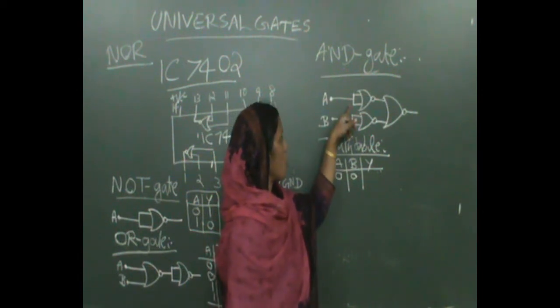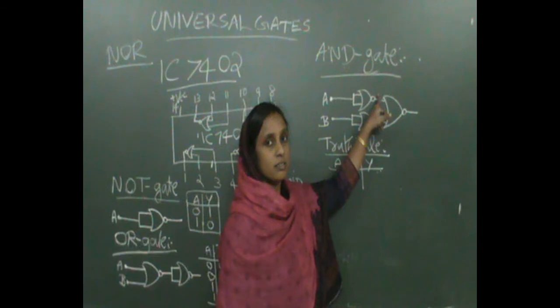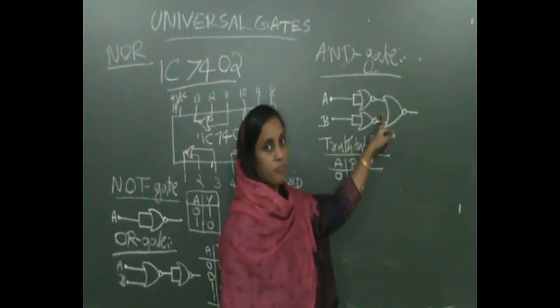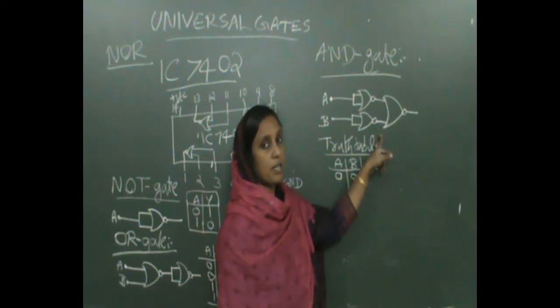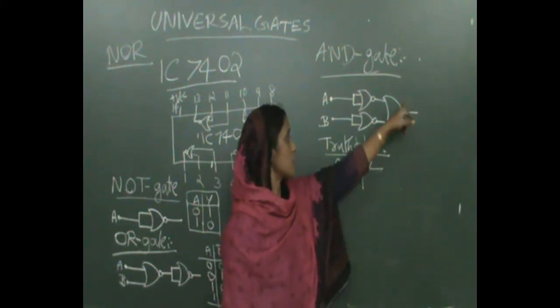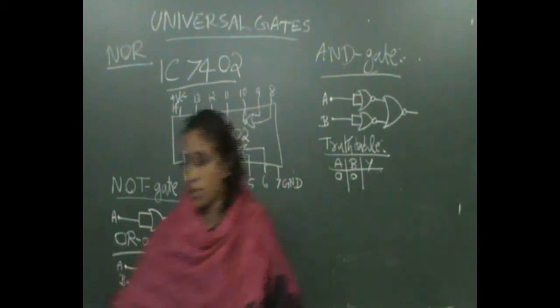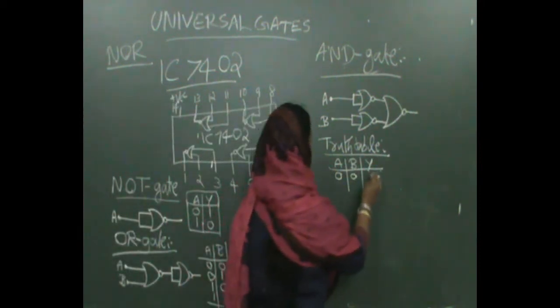If A is low, when it passes through this inverter, it is high here. And when B passes through here, it is also high here. High NOR high, then what happens? This output is low. So you have low here.